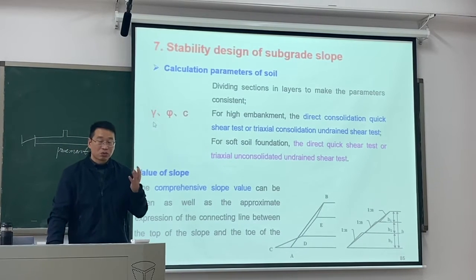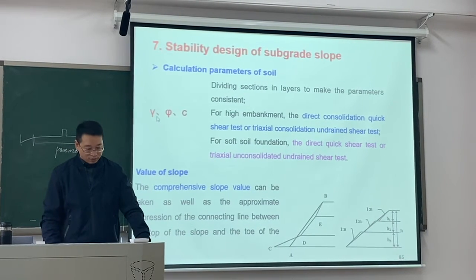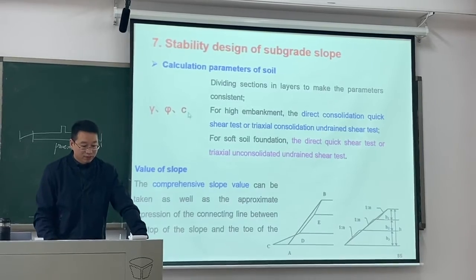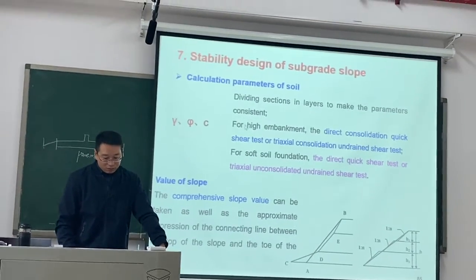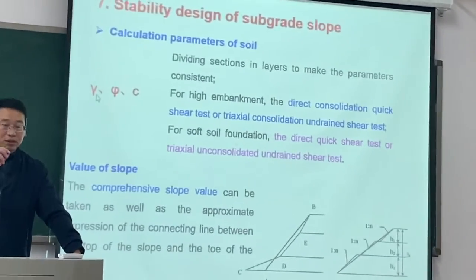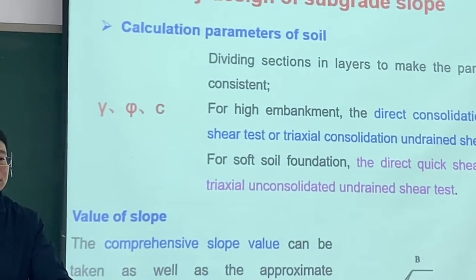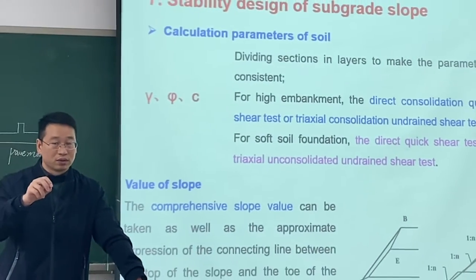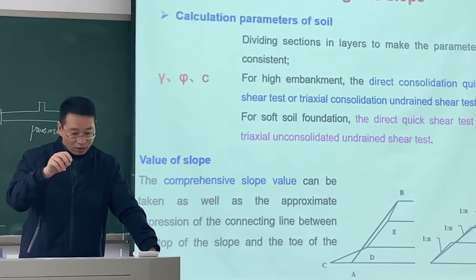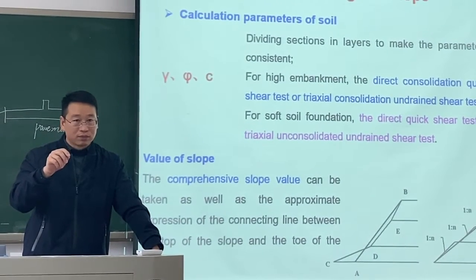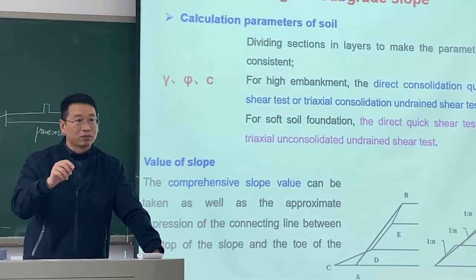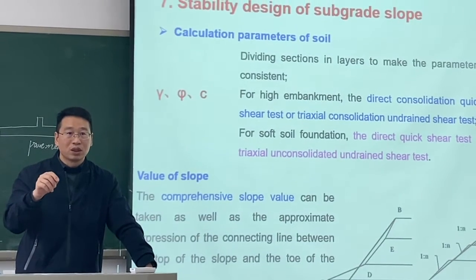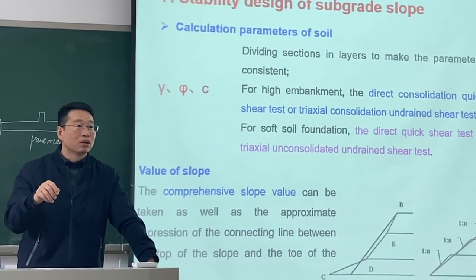Commonly there are 3 parameters: gamma, phi, and C. Gamma is the soil density, weight. Phi is the friction angle of soil. C is the cohesion of soil.